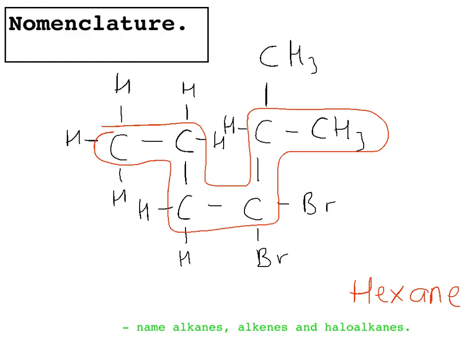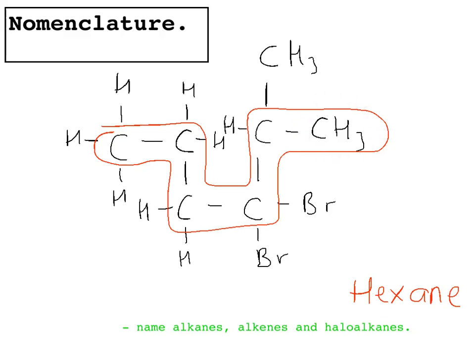Now we've got to put the bits on the front of this name to take into account the bits that we haven't named. So that's this methyl group here and these two bromo groups here. Because bromo comes alphabetically before methyl, we're going to name the bromo groups first, but we're not going to number the carbons from this carbon this time, because that would give a bigger number than if we numbered the carbons from this end.